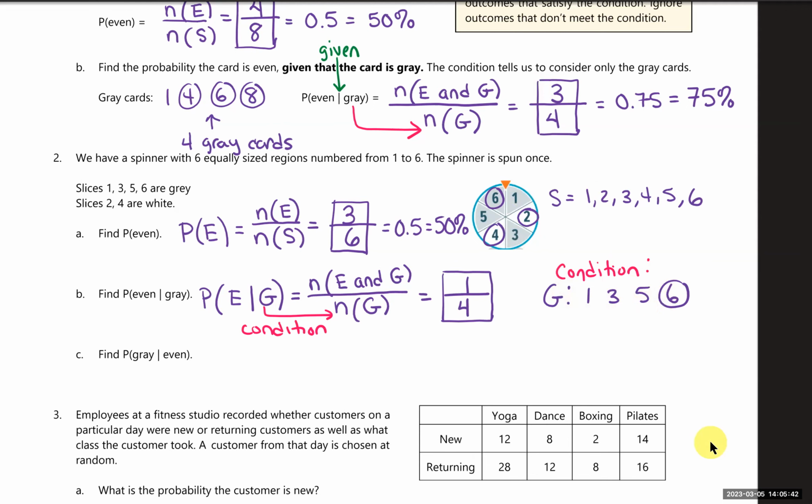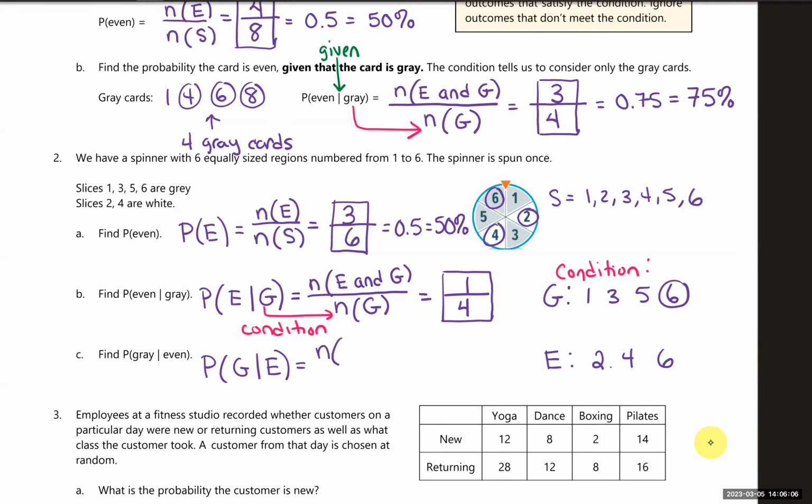All right, so let's switch the order here. What if it had been the probability of gray given it's even? So if the condition is even, you're only allowed to look at evens. The evens were 2, 4, 6.